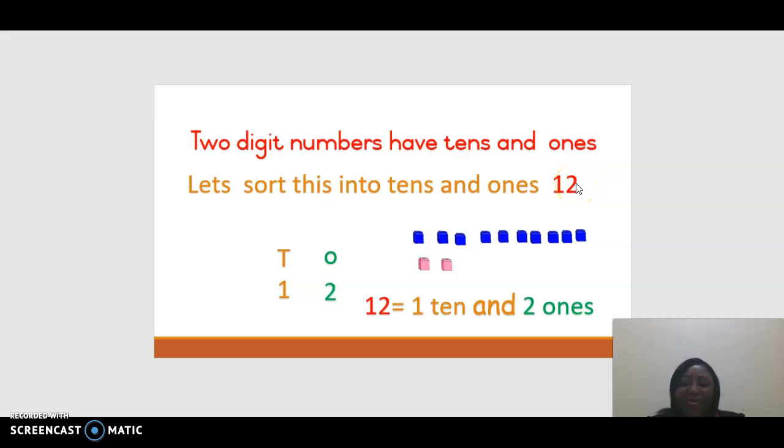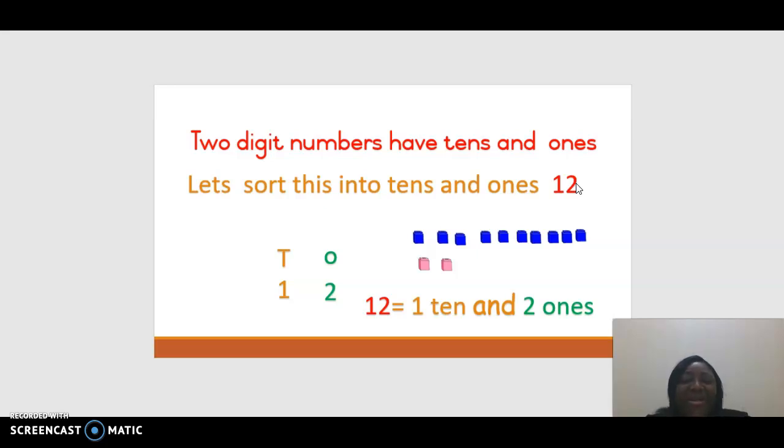Now, I want you all to put on your thinking caps. If I had told you earlier on that we need to find out how many tens are in 12, can you think and tell me what sound does ten begin with? Did you say t? Okay, now we are integrating phonics and math.